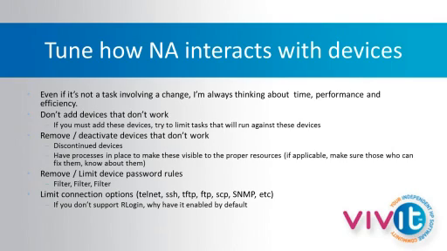To start it off, really simple, try not to add devices that NA cannot reach or log into. You may be in the same position that I'm in, where you have to do that. It's required. But try to limit what tasks run on these devices, and I'll talk about that in a minute.